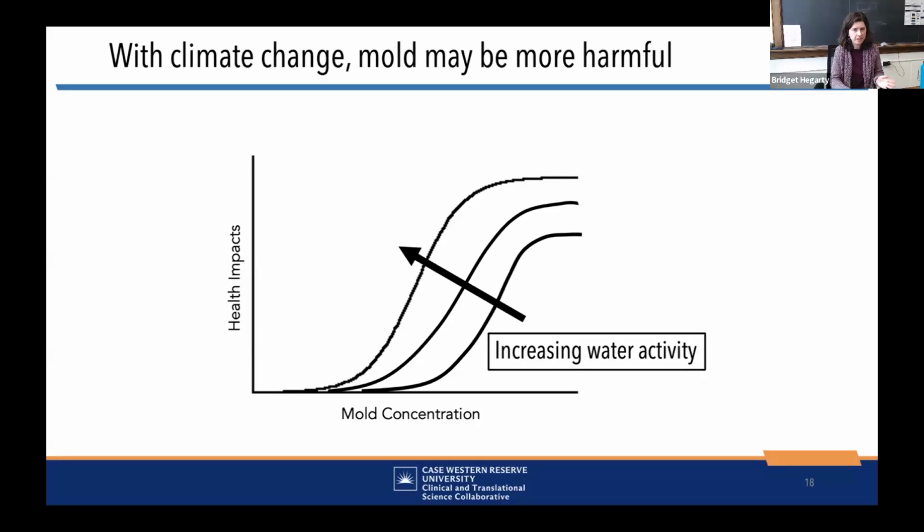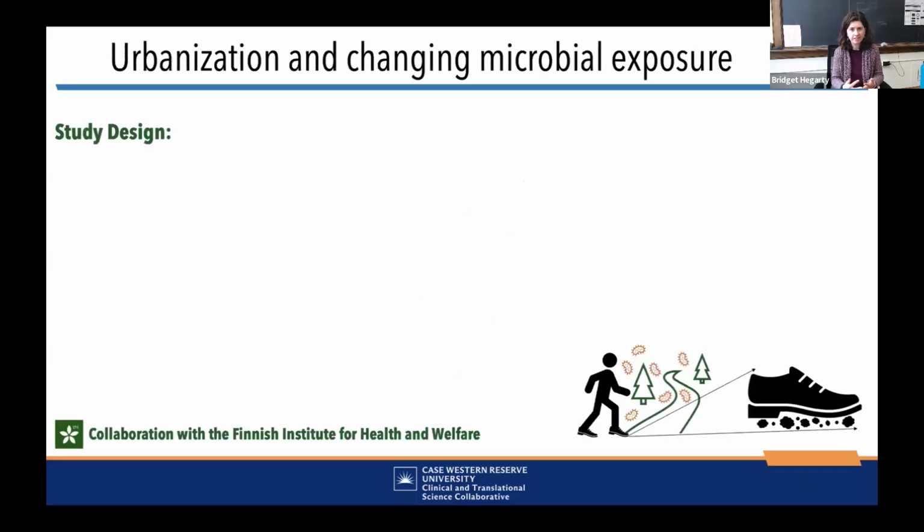And so switching gears a little bit to think about diversity and urbanization, there's also emerging evidence that is linking together microbial exposures with immune development and other aspects of human health.